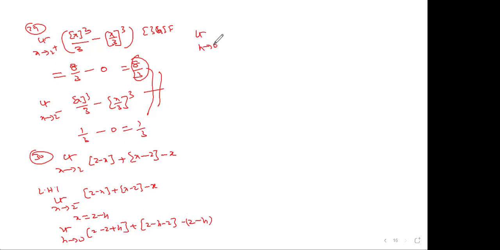Limit h tends to 0, step h and step minus h minus 2 plus h. So you are getting 0 minus 1 minus 2, 0. So minus 3. That is the LHL.